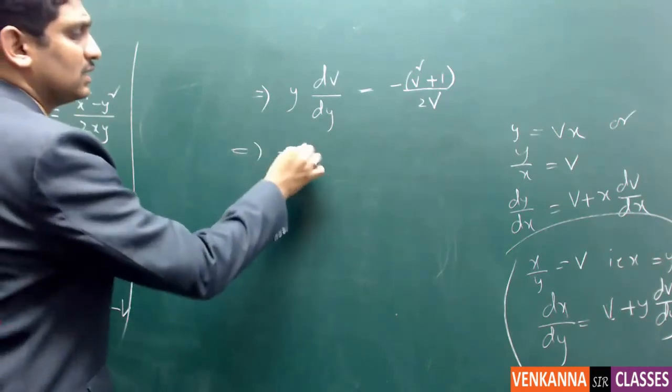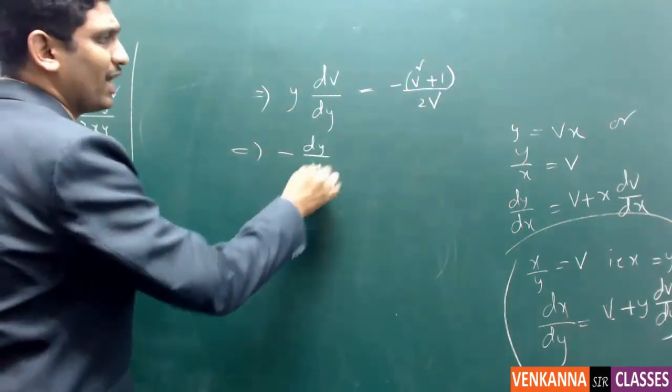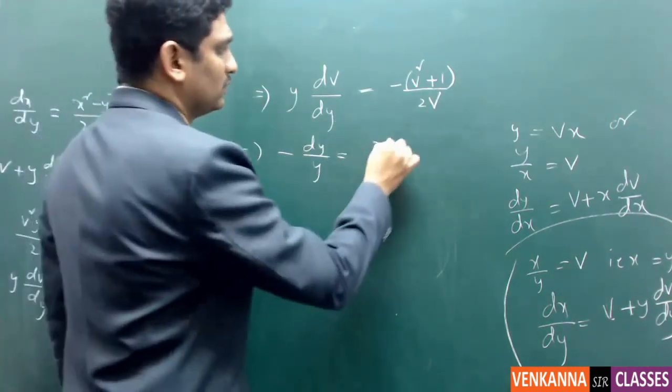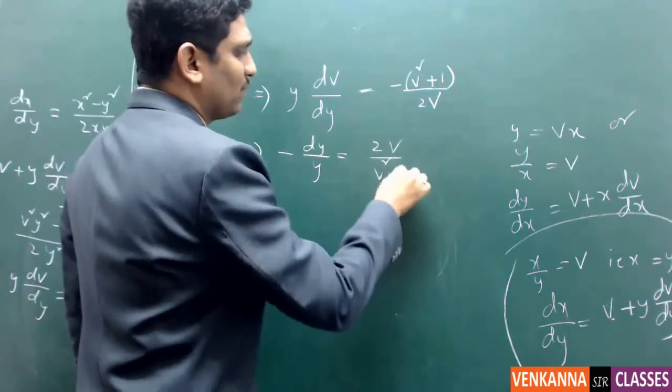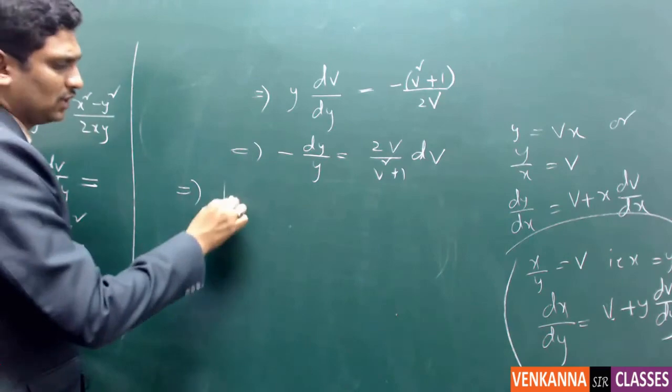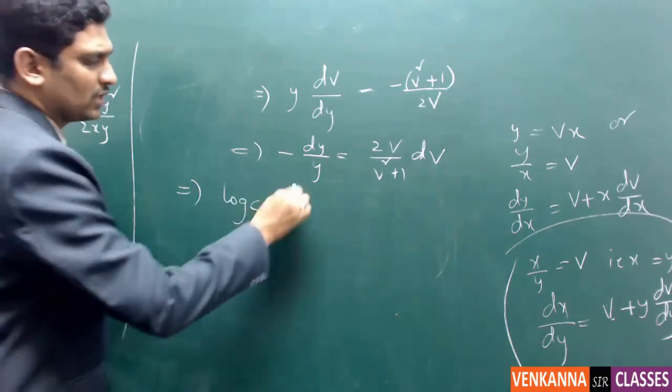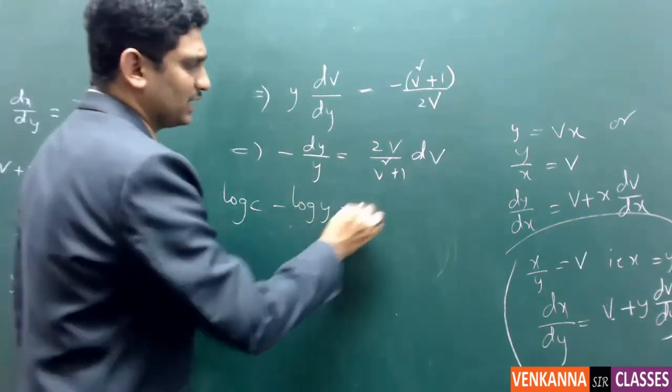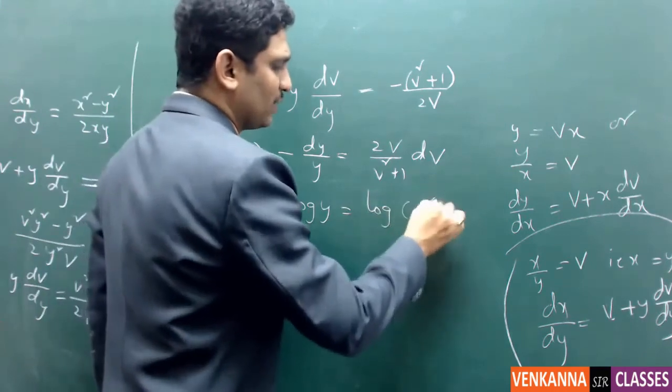This implies minus dy by y is equal to 2v by v square plus 1 into dv. So on integration, we have the integration constant log c, minus log y is equal to log of v square plus 1.